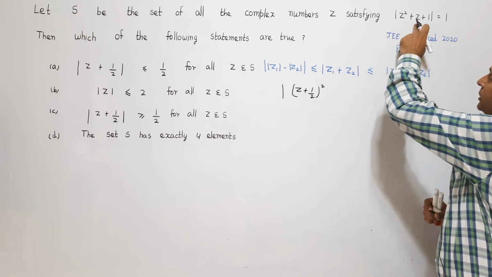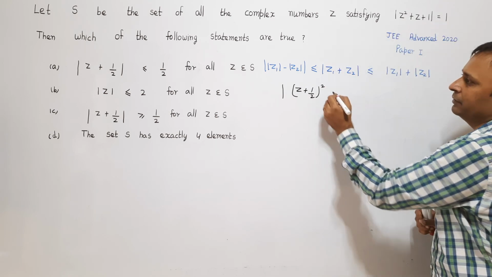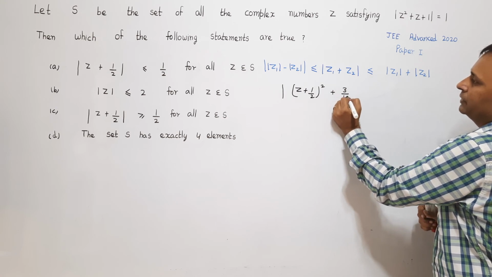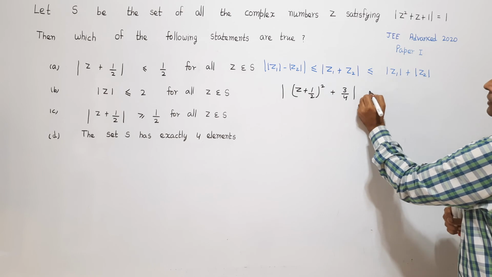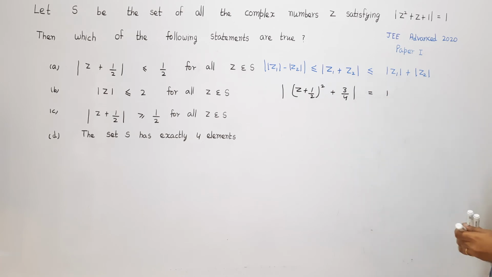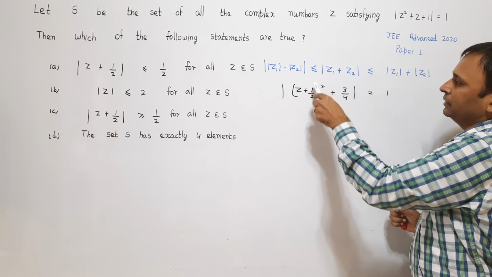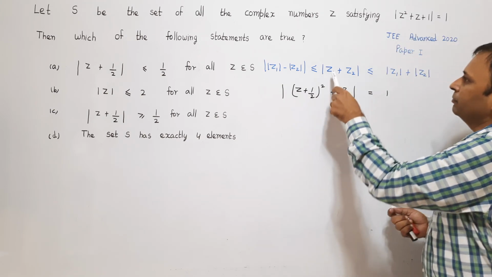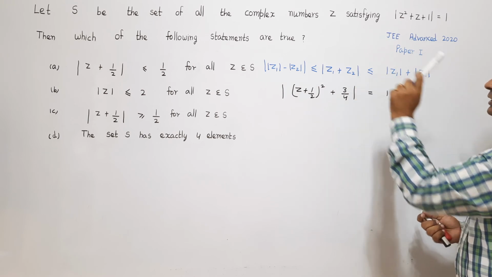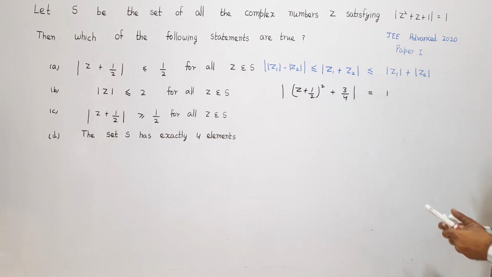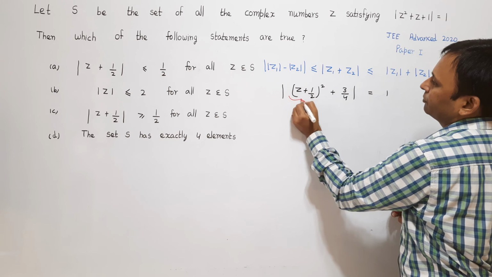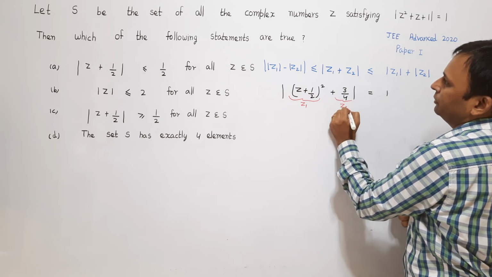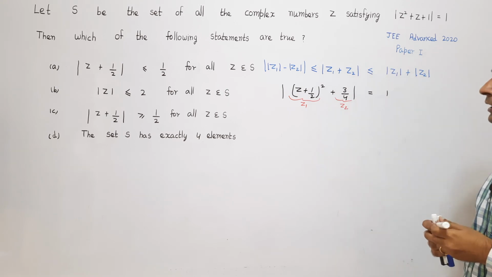So I need to do minus 1 by 4, and minus 1 by 4 plus 1 will be equal to plus 3 by 4. So this value plus 3 by 4 will be equal to 1. So this part, Z plus 1 by 2 whole square, will behave like Z1, and this 3 by 4 can be taken as Z2 for this particular inequality.